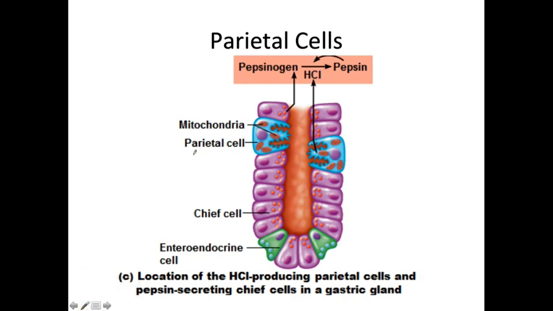All right, so we can see right here is the parietal cell. And here on the right-hand side is another parietal cell, and it's pushing out hydrochloric acid. But how is it going to do that?